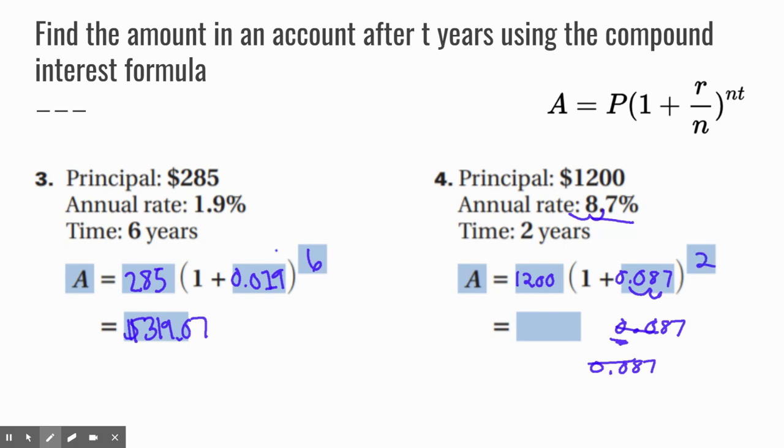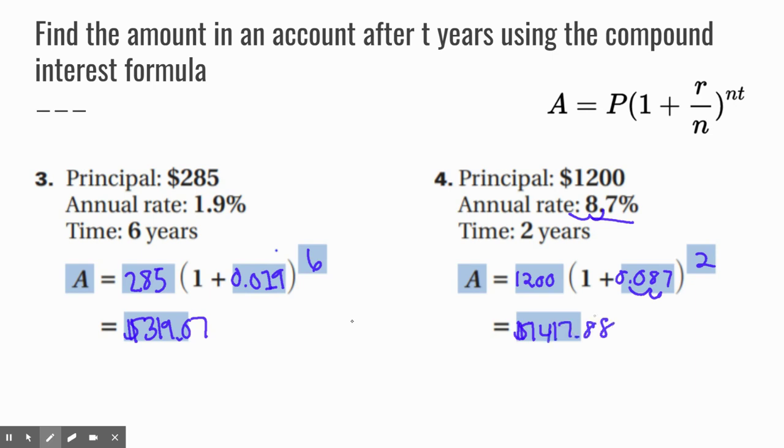So plug that all in, and what do you get? Yep. And then, yep. 88, yeah. So Zach, what'd you get? Julian, what'd you get? 1,417.88.